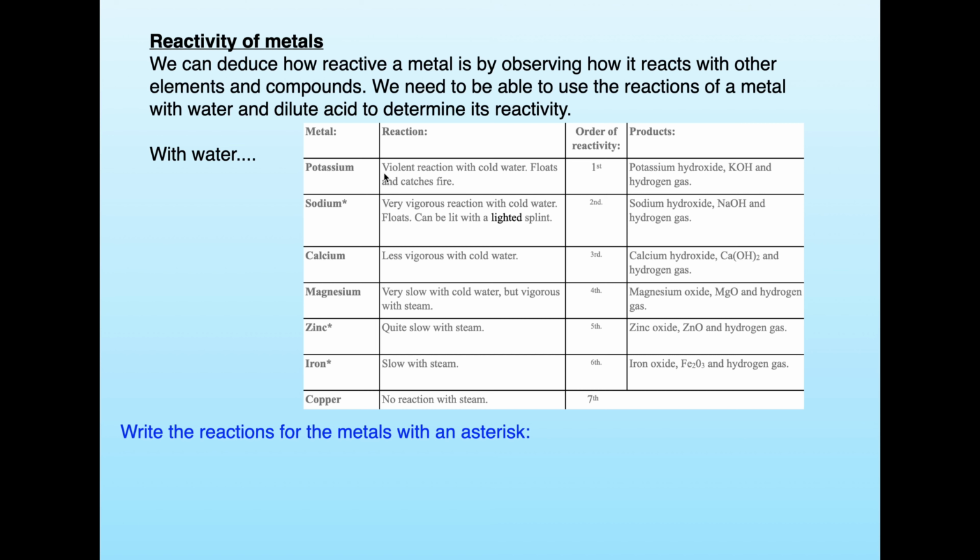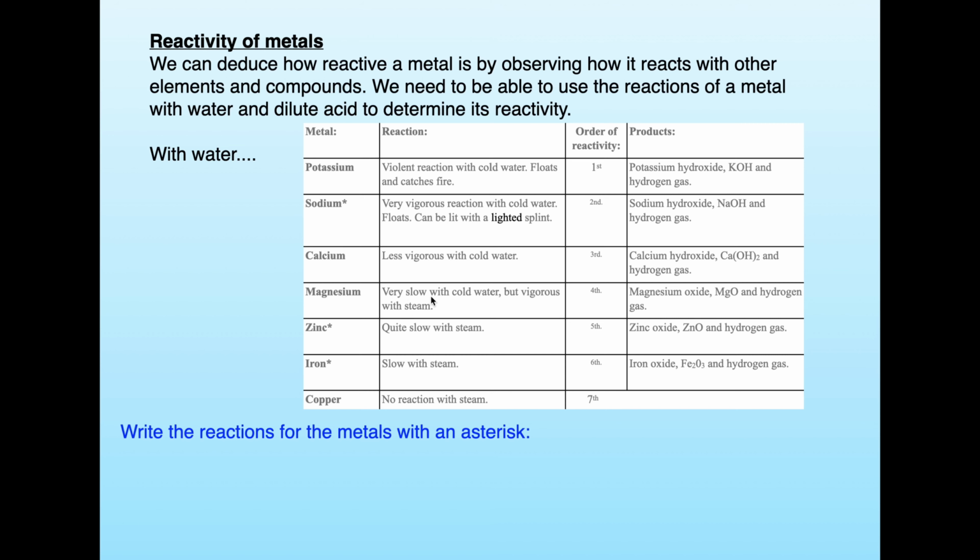Potassium reacts violently with cold water and floats and catches fire. And if you look at the statements here, they get less and less reactive as we go down. Potassium and sodium react quite vigorously. Calcium less vigorous. When you get to magnesium, this is kind of a cutoff point.